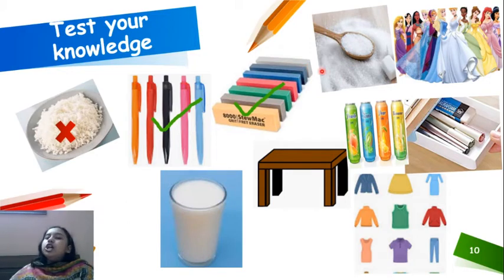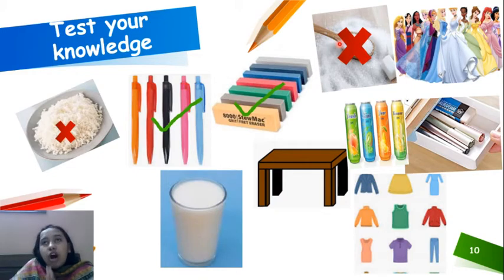Then sugar, can we count the sugar? No, we can't count sugar, but it can be in a large quantity. So it is a wrong answer in this slide because we would not be using many here. Now girls, we can count girls, they can be in a large quantity.